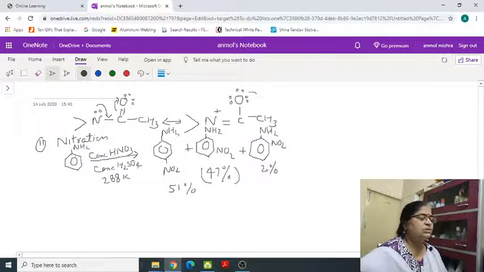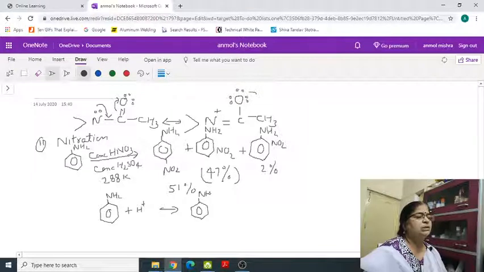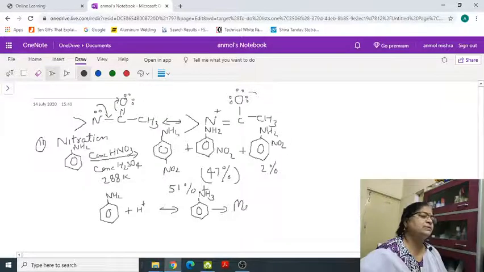This is because in the strongly acidic medium, the NH2 group accepts a proton and becomes the anilinium ion, which is meta-directing.